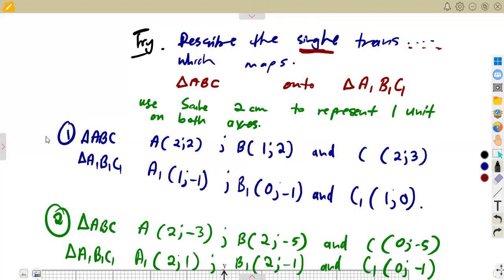This is a question on its own, but the question is the same. You describe the single transformation which maps triangle ABC onto triangle A1, B1, C1. But there are 2 questions. So this is the first question. You draw your object and image. You describe your transformation. You do another question. You draw this one. You describe that transformation.